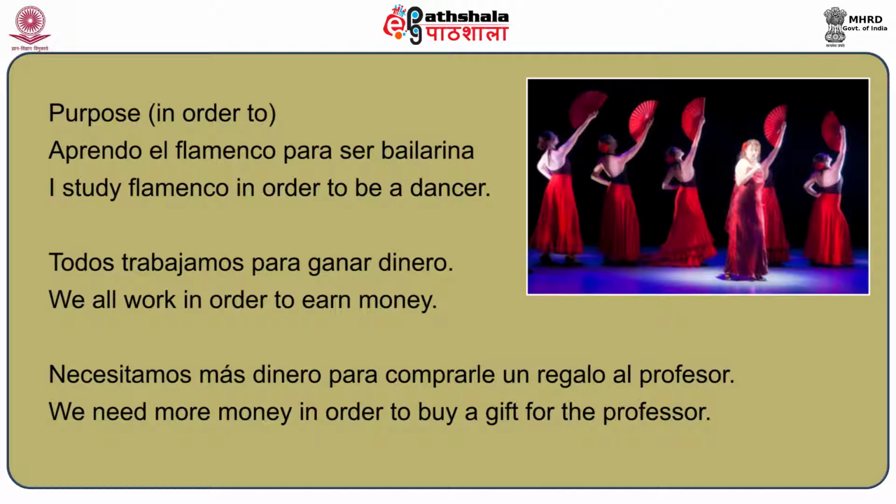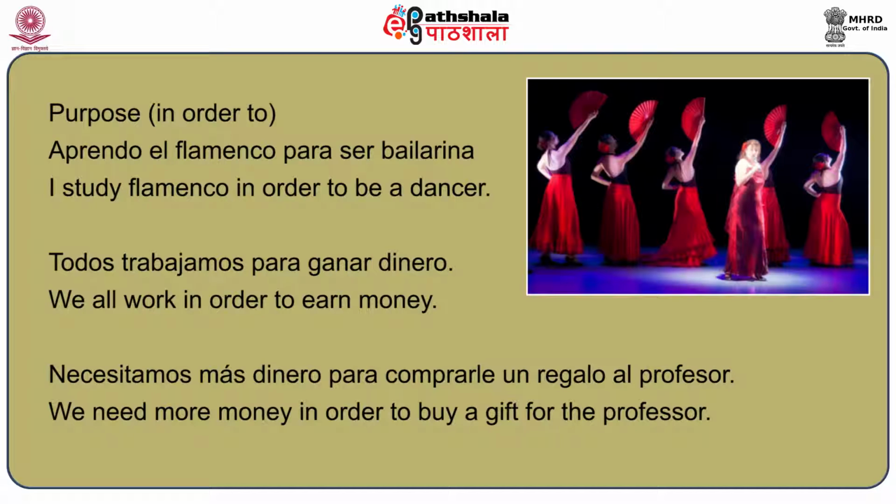Next example is, todos trabajamos para ganar dinero. I repeat, todos trabajamos para ganar dinero. In English, the version is, we all work in order to earn money. Next example.